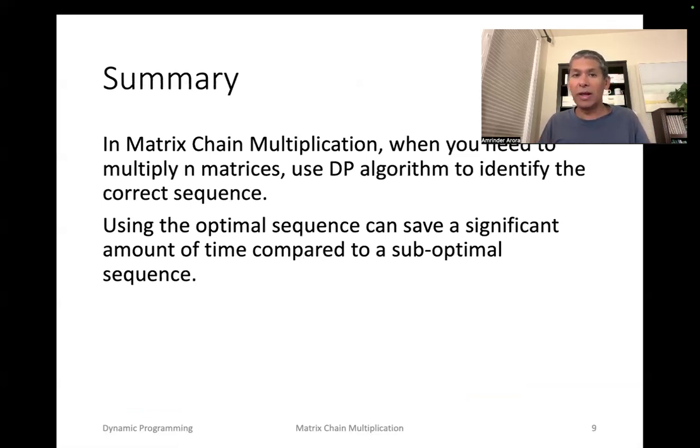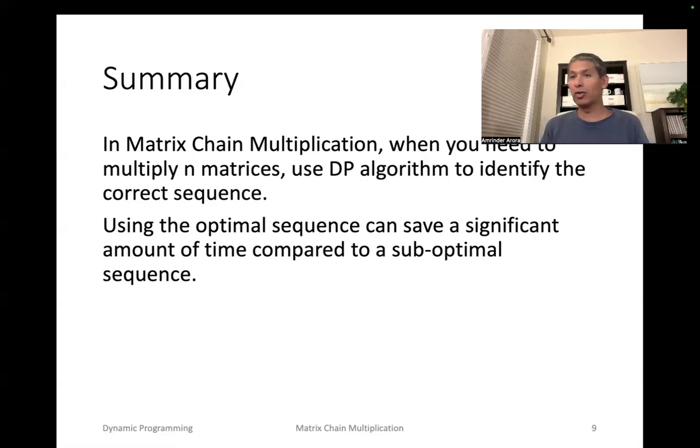So that's essentially the summary of the matrix chain multiplication problem. When you have to multiply n matrices, use dynamic programming to identify the correct sequence. Using the optimal sequence can save you a very significant amount of time. That's what this algorithm does. It's a very good algorithm. Now, why are you multiplying matrices in the first place? Well, for many reasons. You could be doing image processing, or working with neural nets, where you heavily use matrix multiplication.